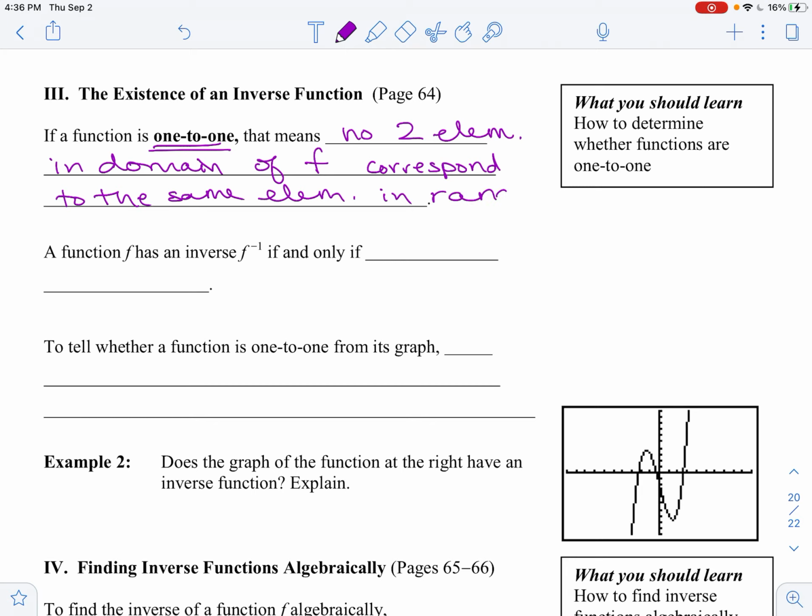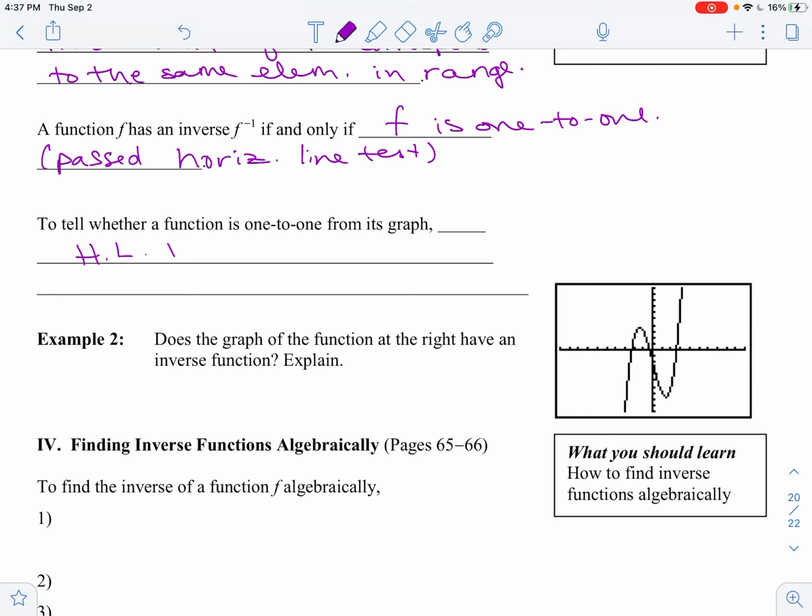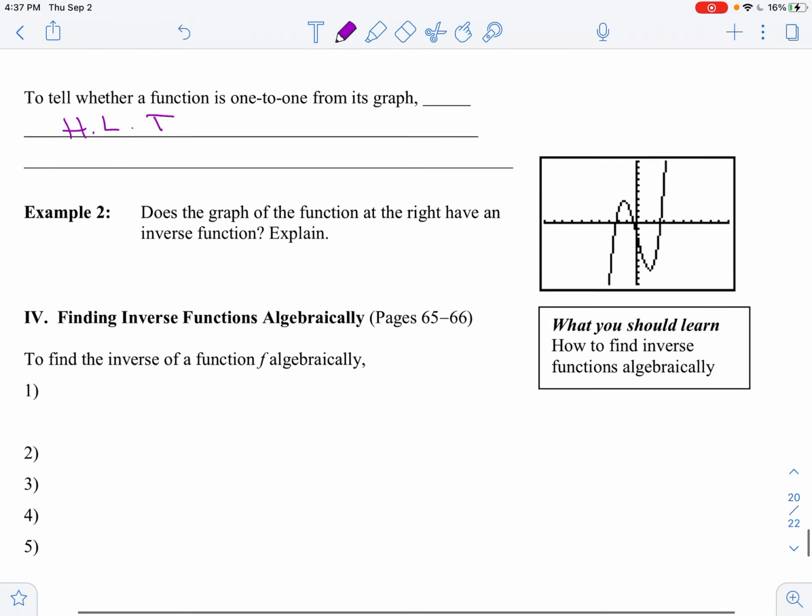This sounds a lot like a function where you can't have two repeating x's. Also, a function f has an inverse f inverse if and only if it's one-to-one, and it passes the horizontal line test. To tell whether a function is one-to-one from a graph, we use the horizontal line test to check that it intersects only once.